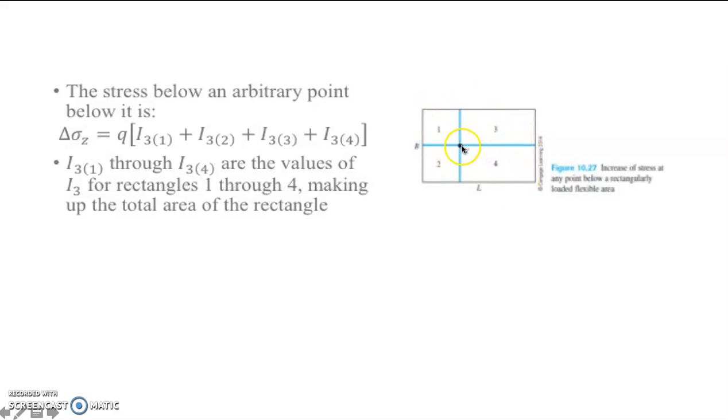At this point, if you observe, you have here 3 I sub 3, so you simply have to get the sum. Once you get the value for I sub 3 for quadrant 1, I sub 3 for this portion, I sub 3 for that portion, and I sub 3 for this portion, you multiply that by Q, and you have now the stress increase at any point below a rectangular loaded area.